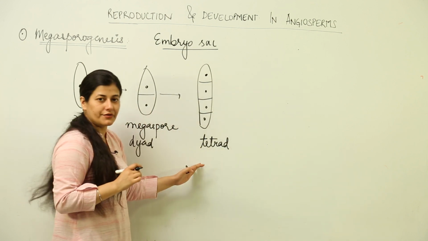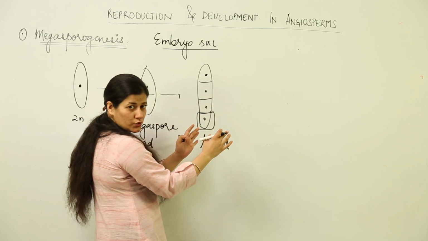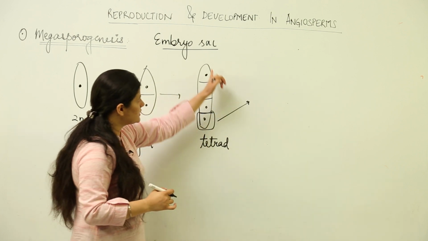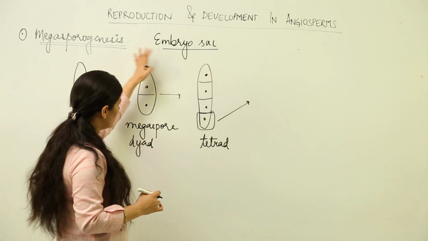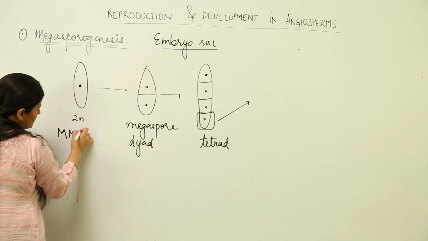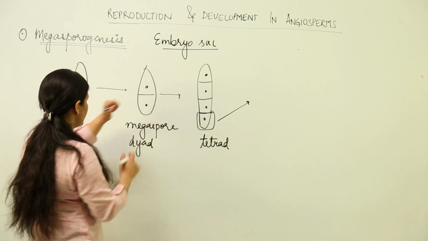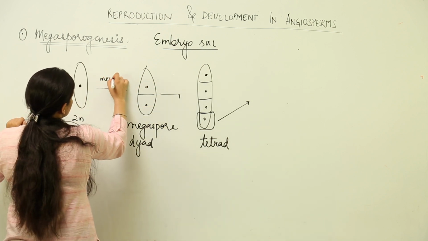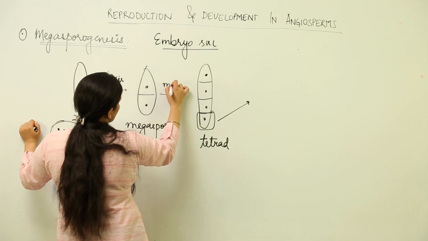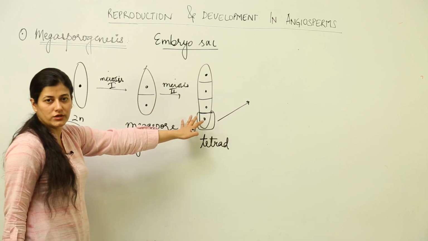Now out of this tetrad, one of the cells, supposedly this cell, is going to undergo mitotic division. These 3 will degenerate. It is a nucellar cell of the nucellus, that is MMC, megaspore mother cell, which is diploid. It becomes the megaspore dyad, divides by meiosis 1. Here we have meiosis 2. And we have 4 cells in the end.